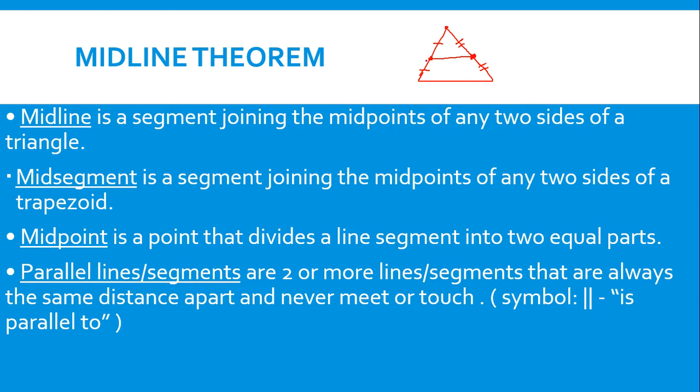But the midline and the base of the triangle will never meet. It means they are parallel to each other. So the symbol that we're going to use is this one. It reads as "parallel to."